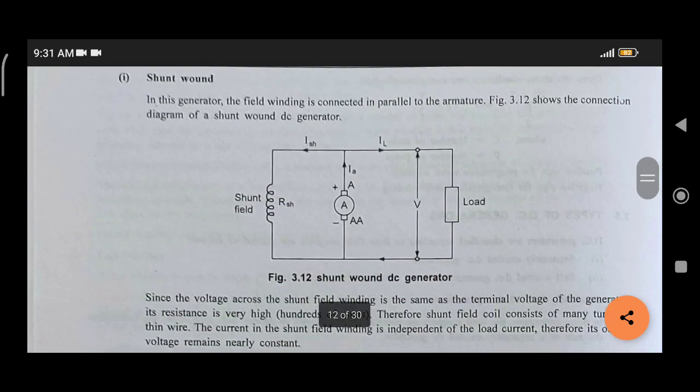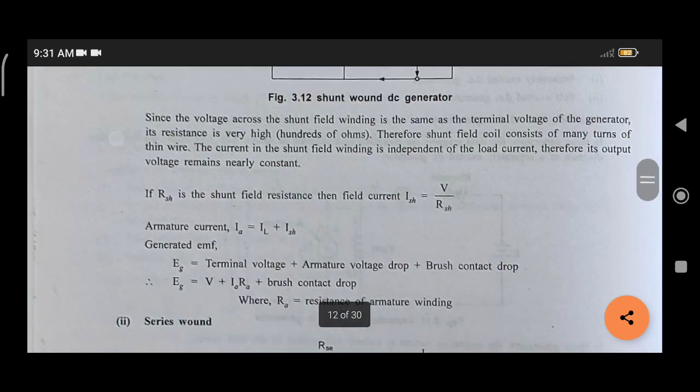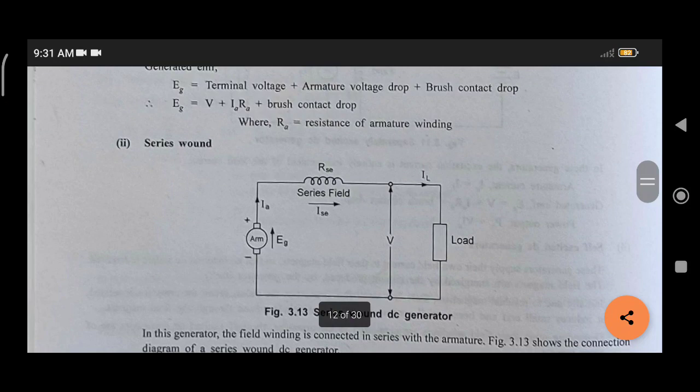In self-excited, we don't have any external source to excite the field winding. Simply, we connect this field winding in parallel. If we connect the field winding in parallel to the armature, then it becomes a shunt wound machine. If we connect this winding in series, then it becomes a series wound machine.